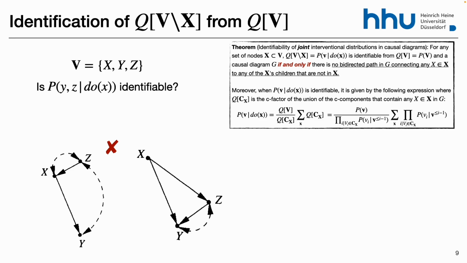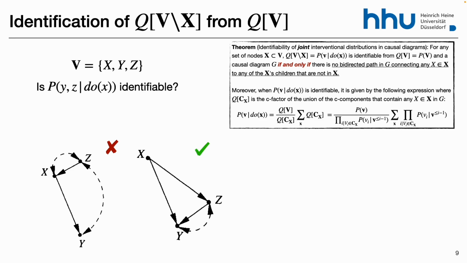Should be fine. Is identifiable because the action is on x, and there is no bidirected path connecting x to its child, which is y. Actually, z as well. Both are children, but there is no bidirected edge between x and them.